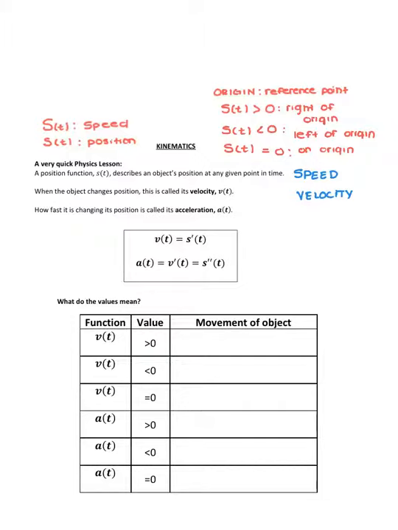Speed is like how fast, velocity is how it changes. So kind of, right? If we talk about speed, we can say 25 meters per second, right? That's speed. In fact, we say that speed is the magnitude of velocity.